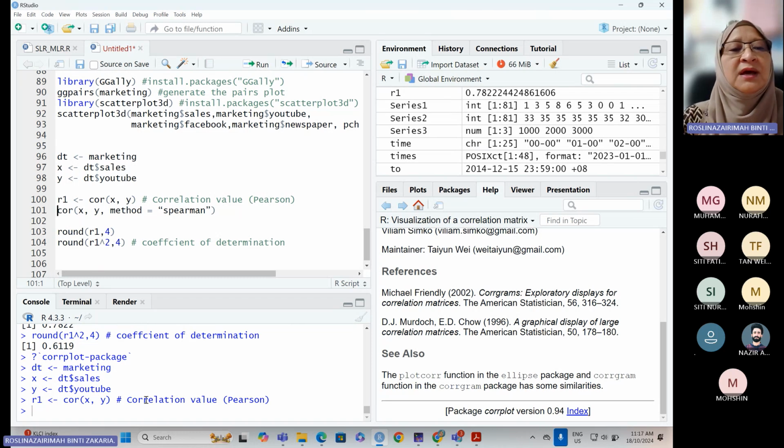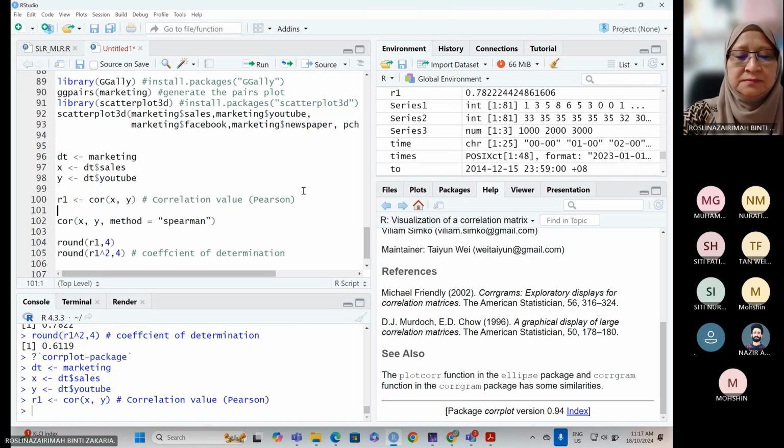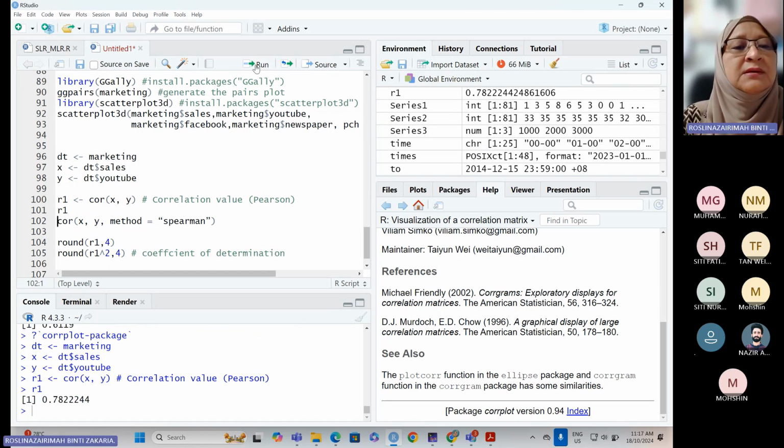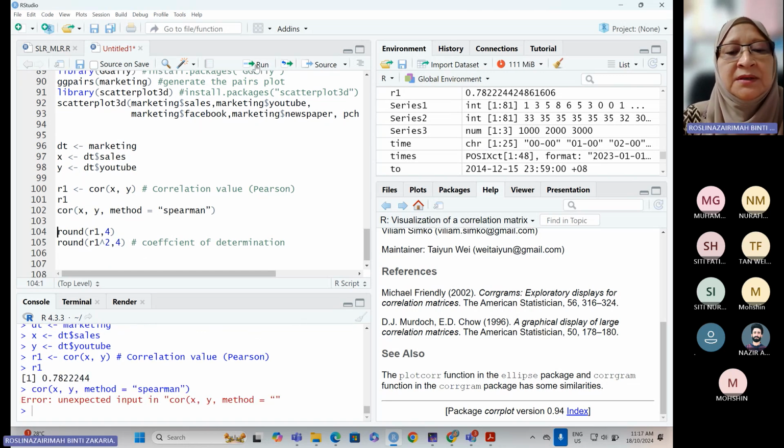Okay, I need to call R1. For Spearman, it is cor with X, Y, method Spearman.